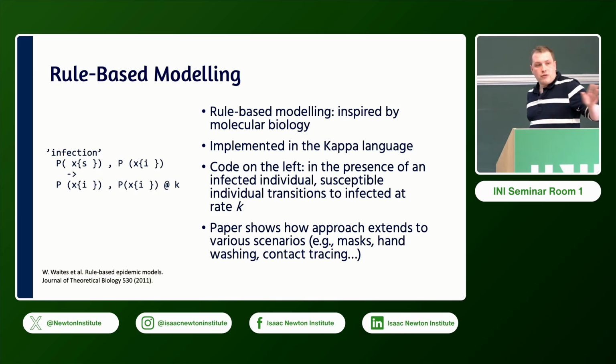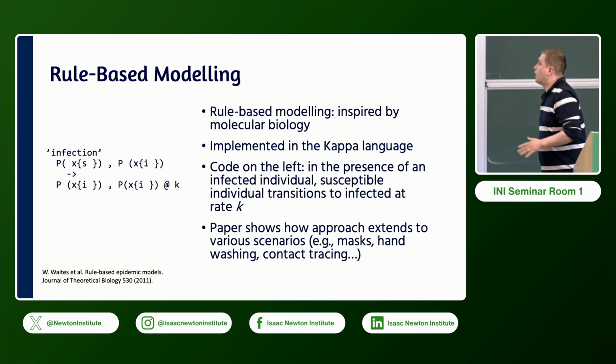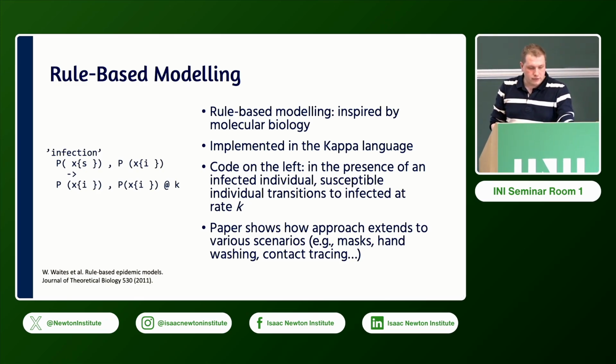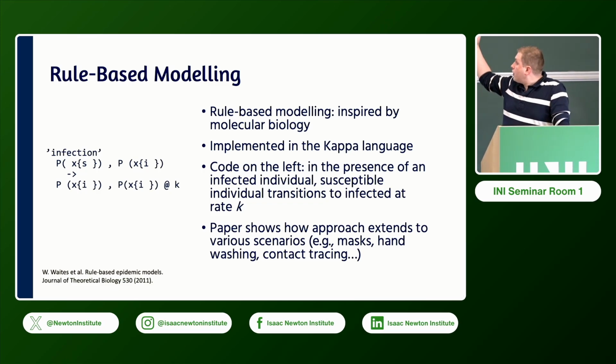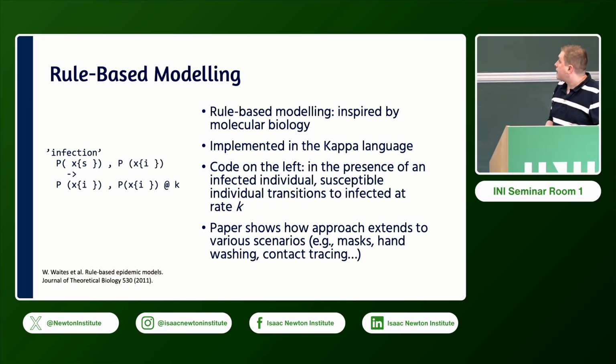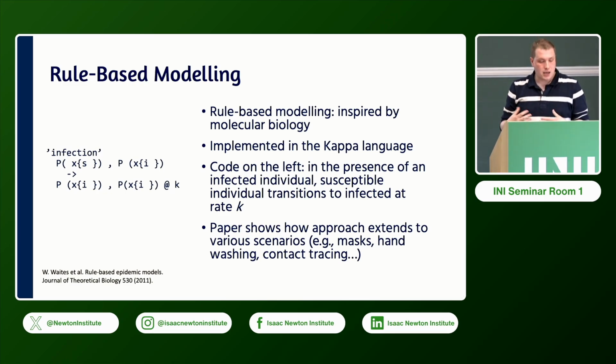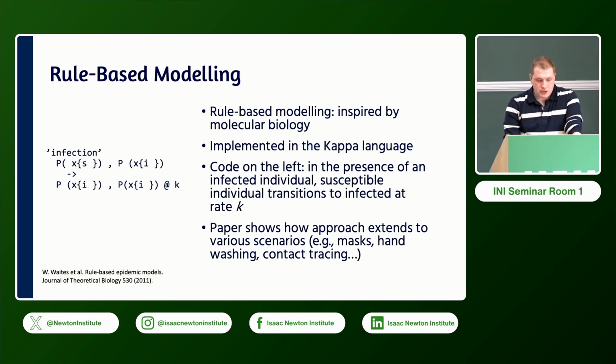Another, and I think over the coffee break various people were talking about it, is Kappa. This is a different approach to domain-specific modeling of infectious diseases. Kappa is a rule-based modeling programming language, inspired by molecular biology. It's essentially a rewrite system, and in the domain of epidemiology we can have rules like this one on the left.